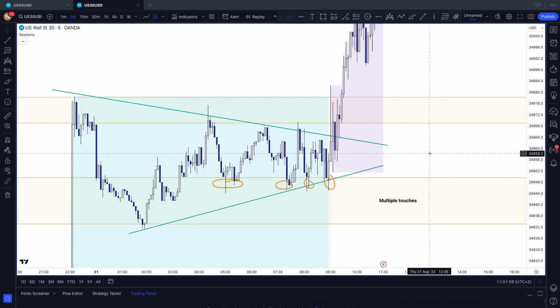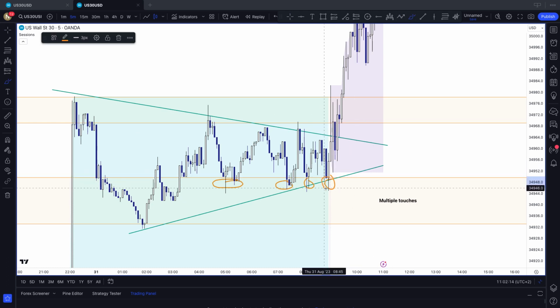Now for me, the way I look at that is I have a play in my playbook which is called the triple bottom play. And with the triple bottom play, there's two ways how I can play that. The first one is that if the third bottom or the third top shapes up around the opening, meaning after 9 o'clock, 9:05, 9:10, I take it right out of the gate.